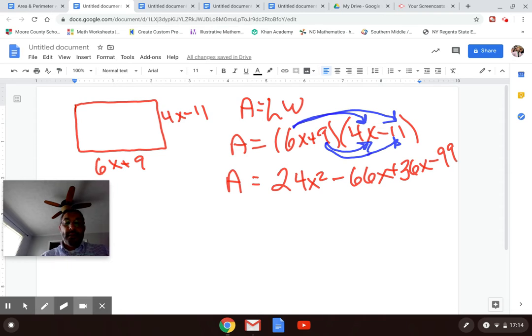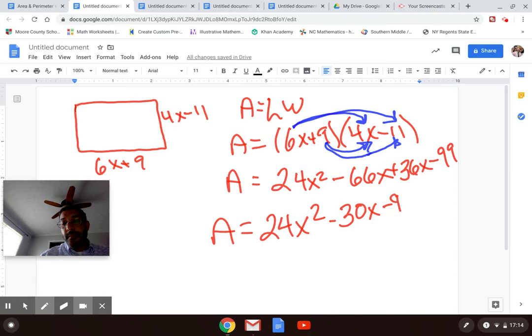Okay, so then your area is going to equal 24x squared. Then negative 66x plus 36x is going to be minus 30x, minus 99. And that would be your area for this first shape.